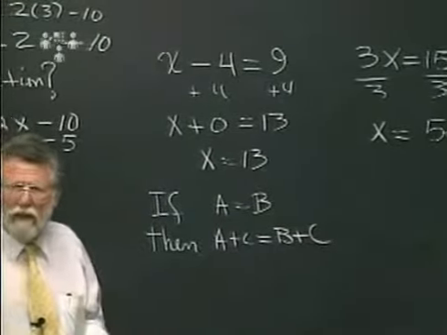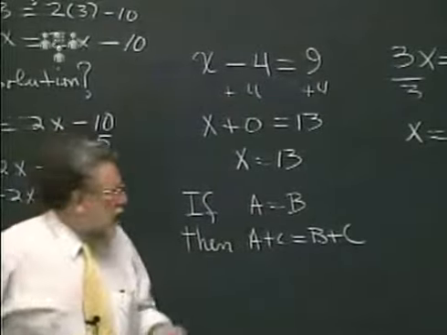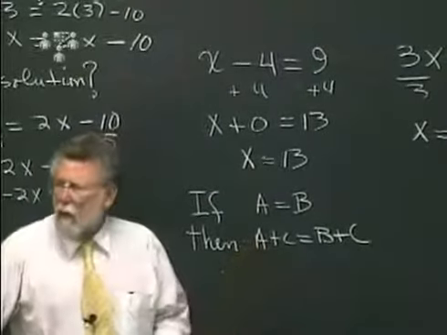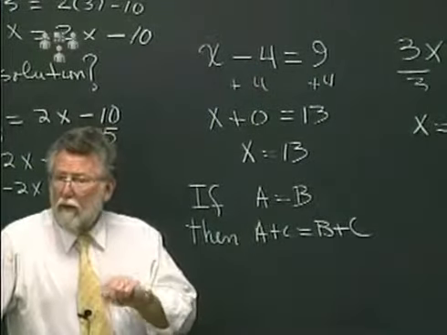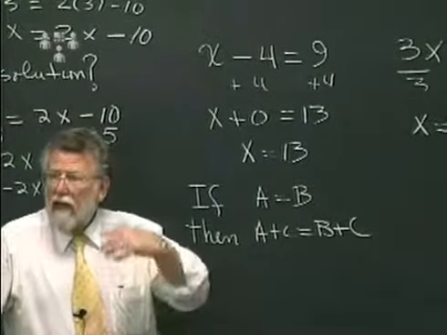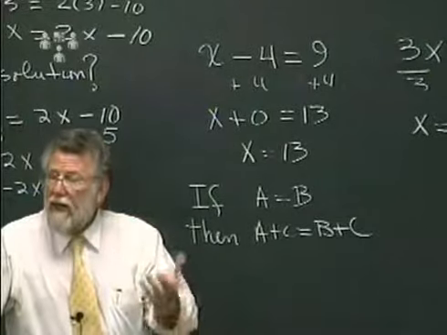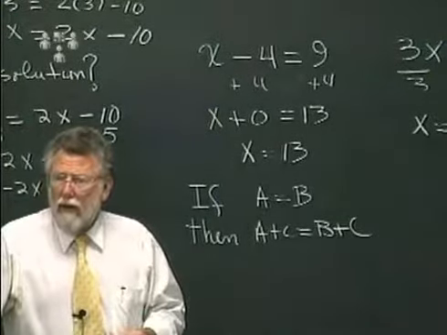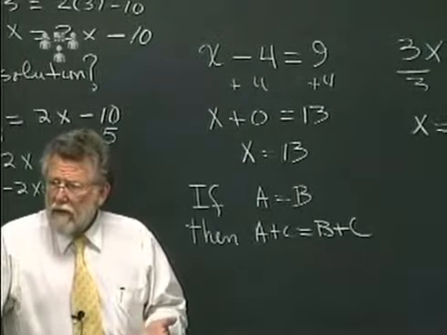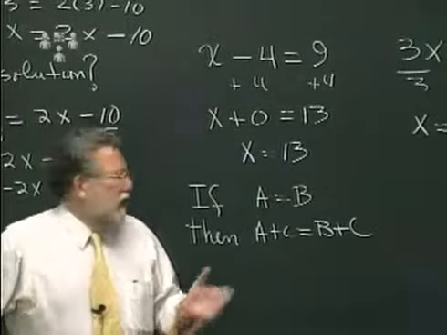Okay, now, this is a property of equality, as opposed to a property of numbers. We said, if A equals B, B equals A. That's a commutative property about two numbers.